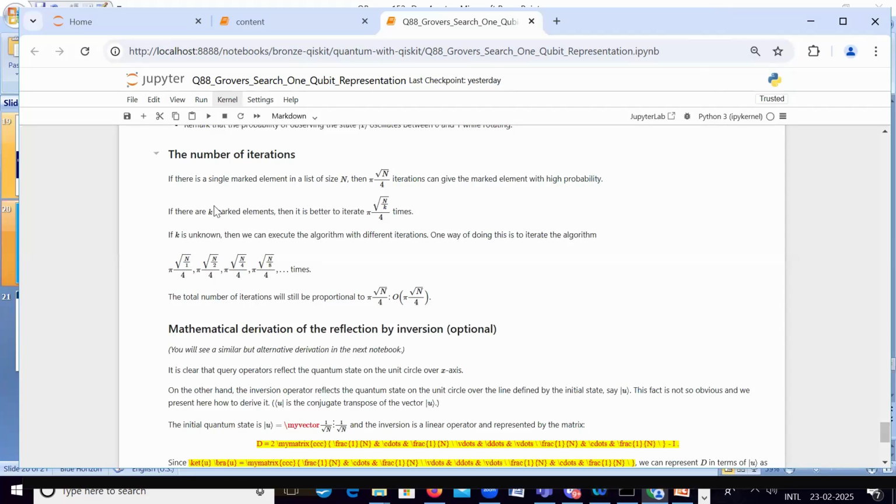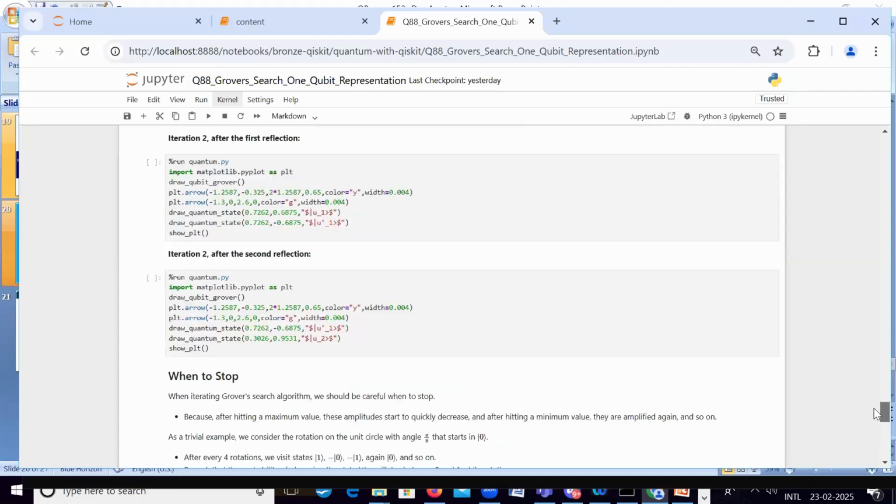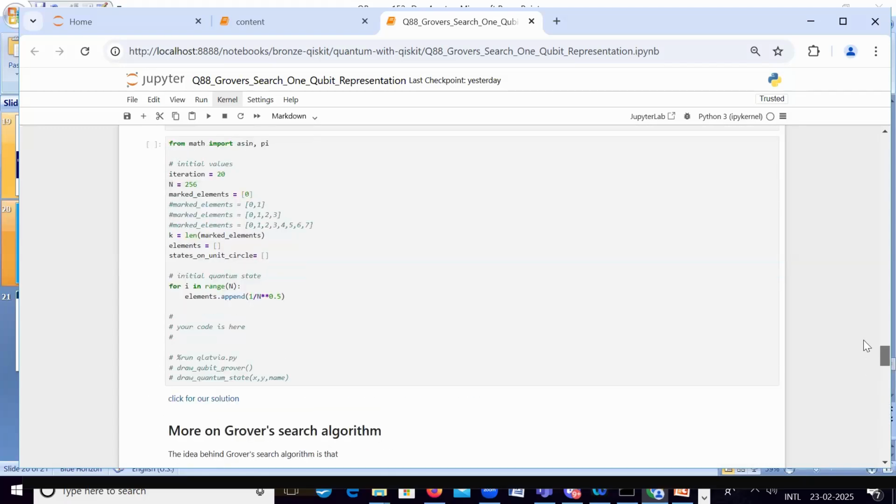If there is a single marked element in a list of size n, then pi root n over 4 iterations can give the marked element with high probability, which is based on the one we did a few minutes back.